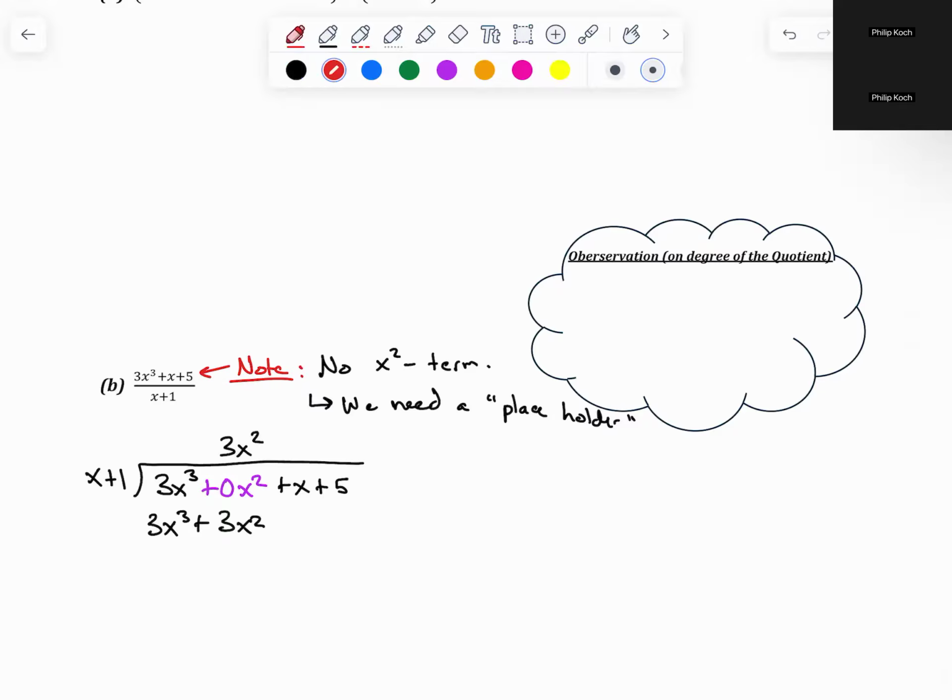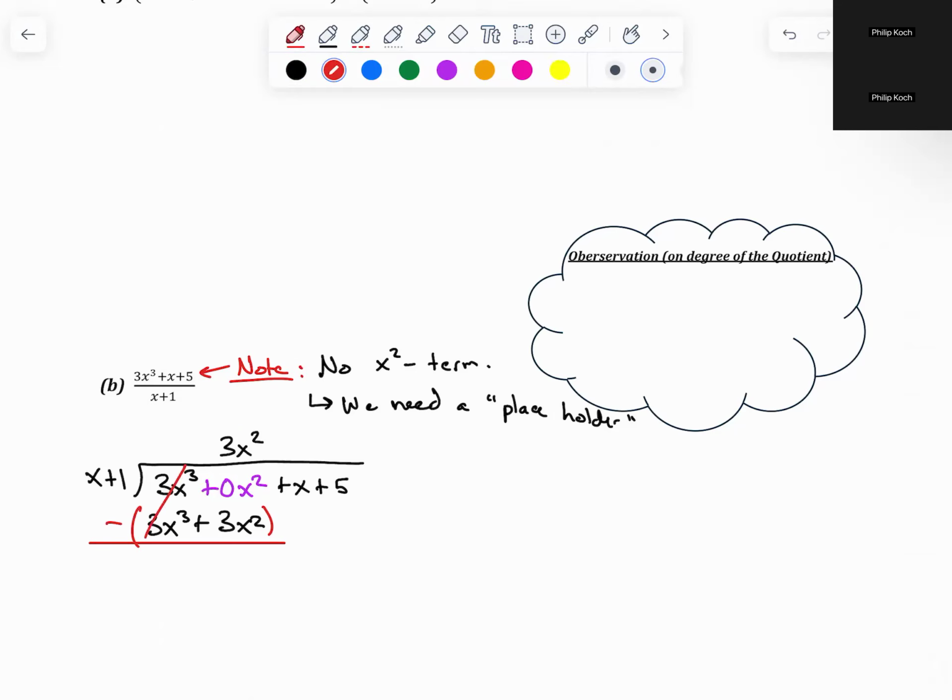And I always like to draw the subtraction in a different color and put parentheses around it to remind myself I'm subtracting that whole expression. I'm not just subtracting the 3x cubed and adding the 3x squared. I'm subtracting the whole thing. So, what do I get? The 3x cubeds are going to cancel.